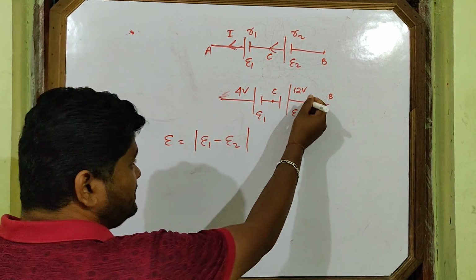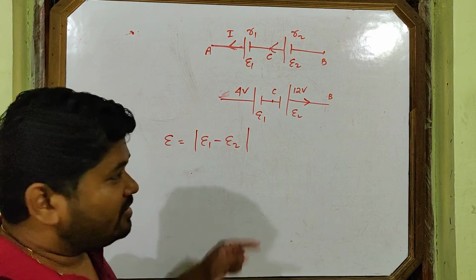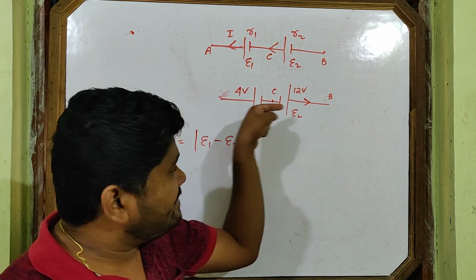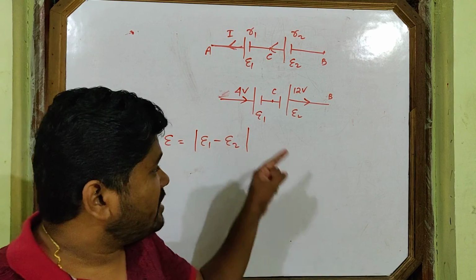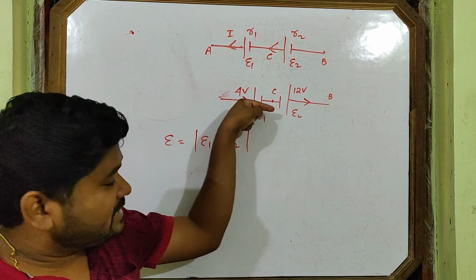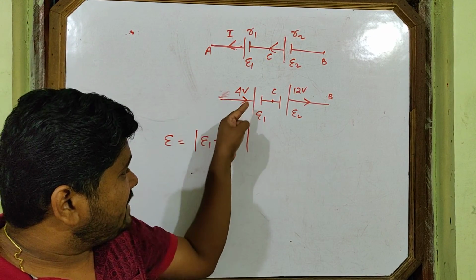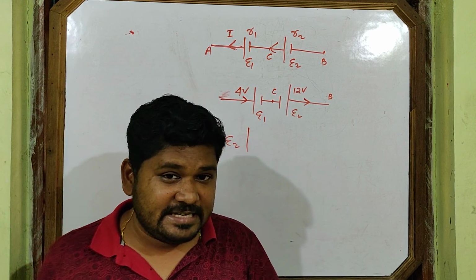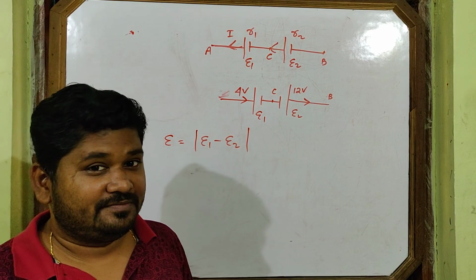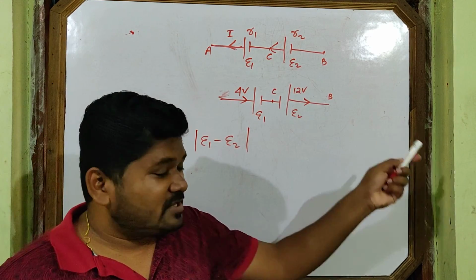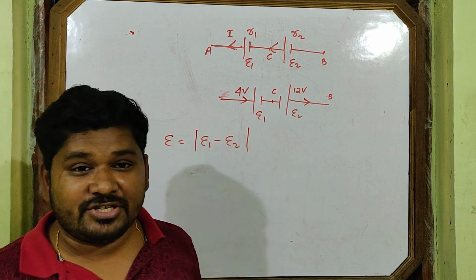So current passes from here, from the 12 volt cell. If current goes like this, it must also come back like this, on the same line. If current is coming like this, you know which cell is in charging and which is in discharging condition. Just before, I told you, when current flows out from the positive terminal, this is discharging condition.